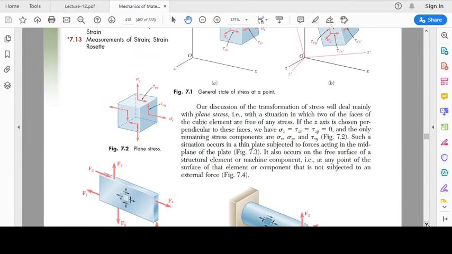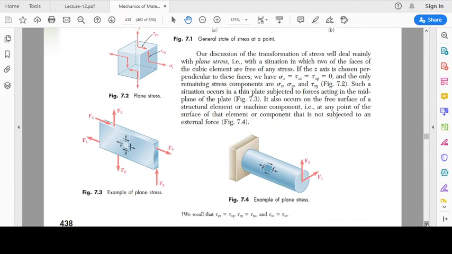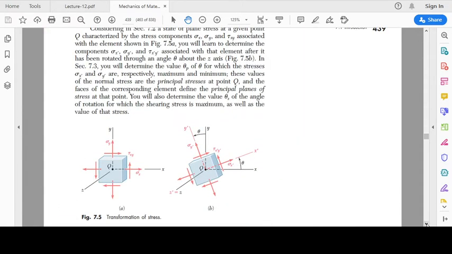So let me show you this on a separate figure, because here it is not very clearly shown. Now we are talking of plane stress. So we have this sigma x, and we have only tau xy on this face. The other shear stress is going to be in the z direction, tau xz, so that is going to be 0, because there is no stress in the z direction.